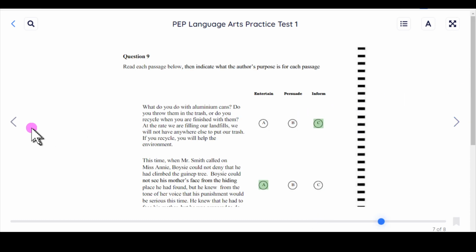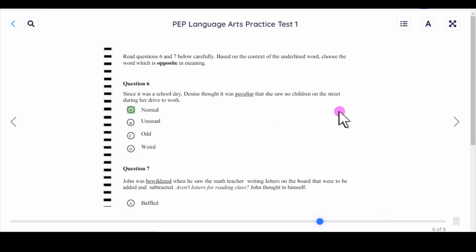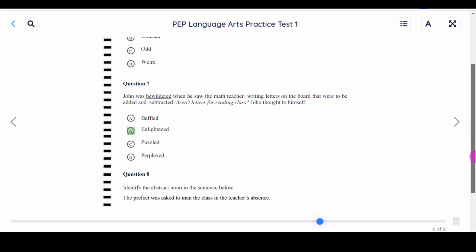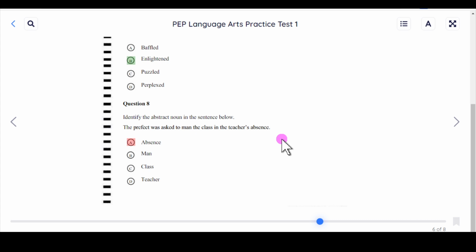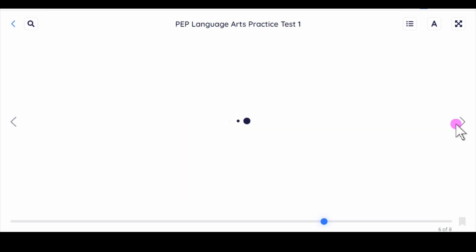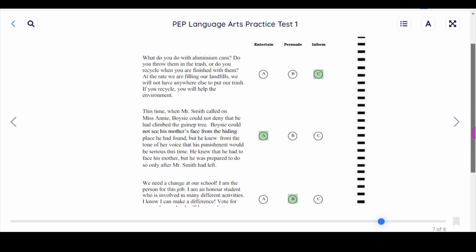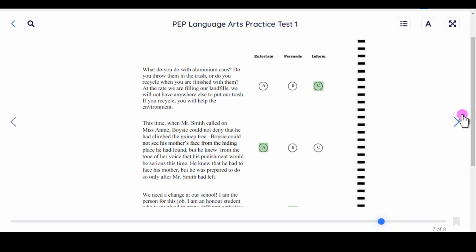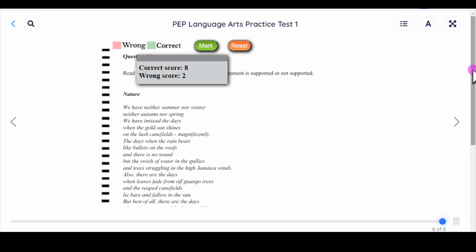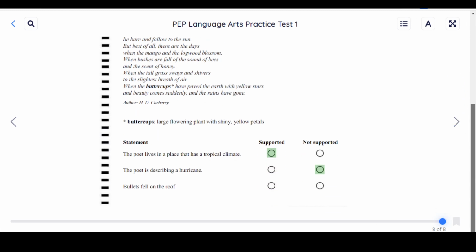Question 6. No, gone too far. Question 6. All right. They have question 8 as being incorrect. And we know that this one is the correct answer as in absence. All right. So not worried about that. Question 9. That's good. And question 10.